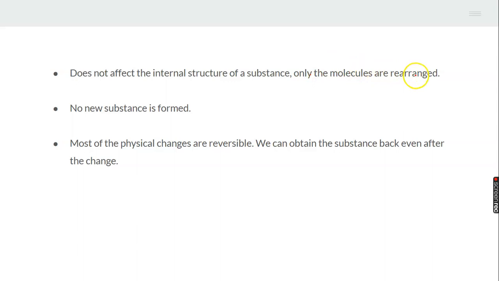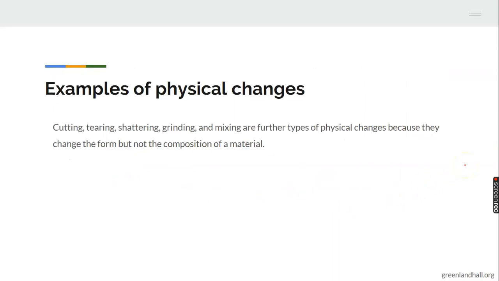Only the molecules are rearranged. No new substance is formed. That's part of the properties. And most physical changes are reversible. We can obtain the substance back even after the change. So that's all about physical change.